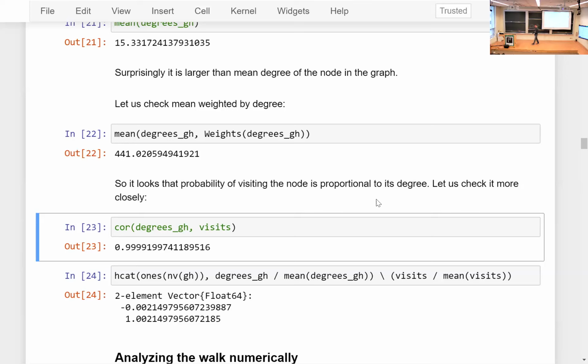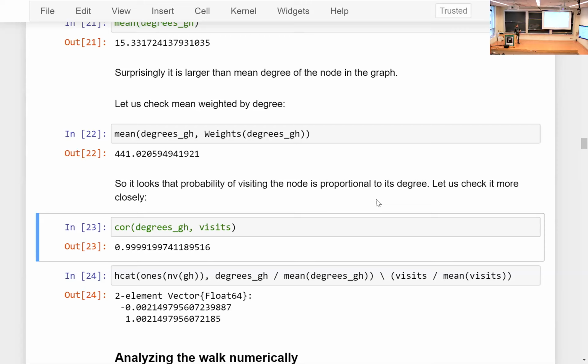This backslash operation estimates based on matrices. I don't want to go into the details of the notation, but based on matrices, I can just calculate the OLS estimate, where indeed I can see that it's 1 for the slope and almost 0 for the intercept, which means that degrees and visits do not only correlate well, but this is actually a linear relationship.